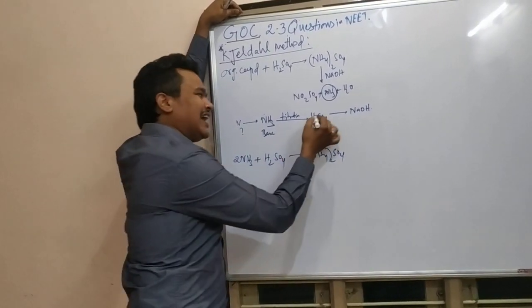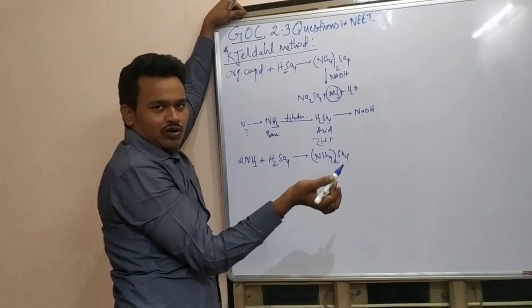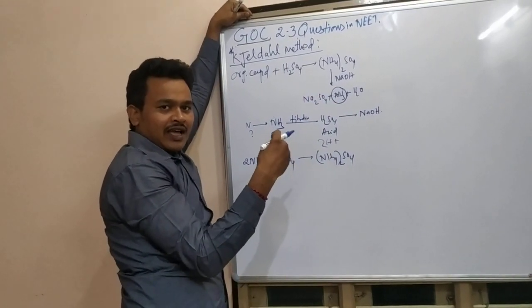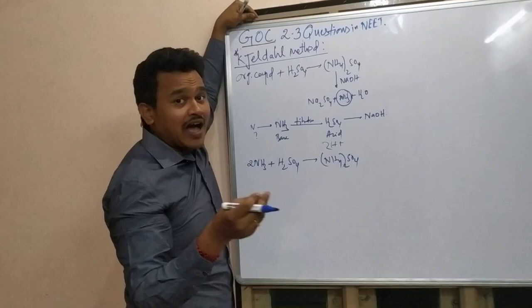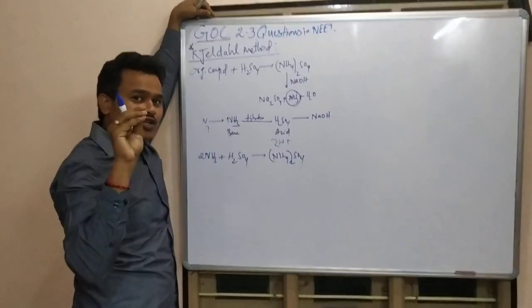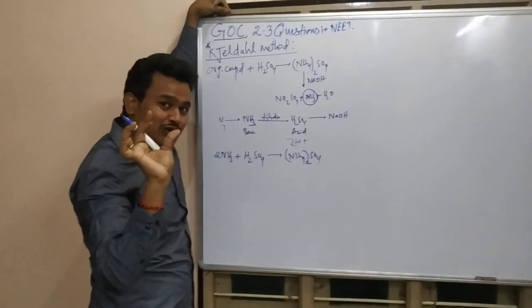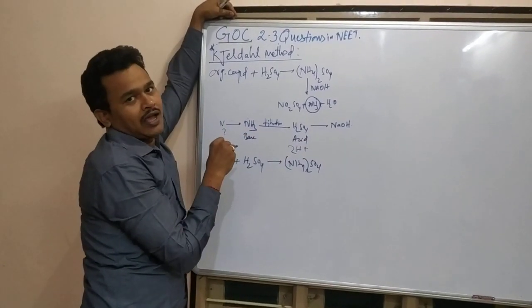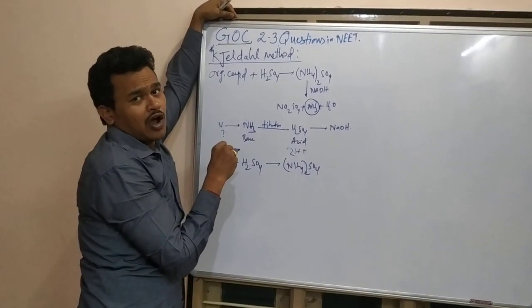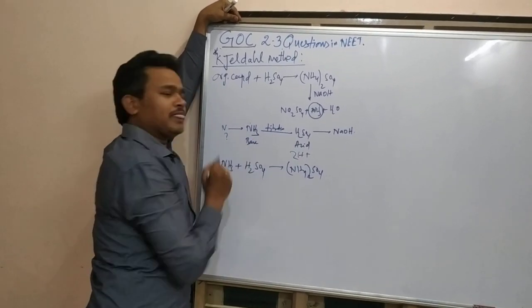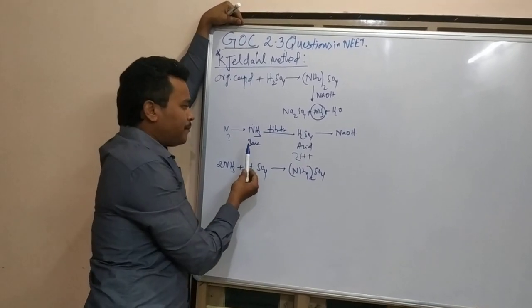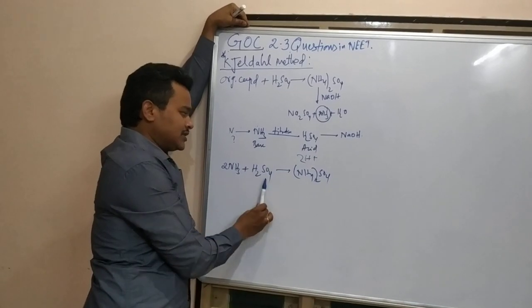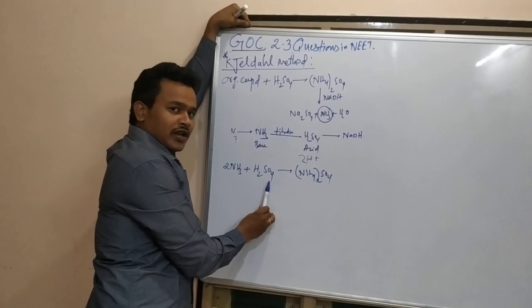So I can take this H2SO4 in excess amount. Even if I take excess, only some amount of H2SO4 is going to react with ammonia. How much amount? Based on ammonia. Ammonia, 2 moles are there means 1 mole of H2SO4 is going to react.